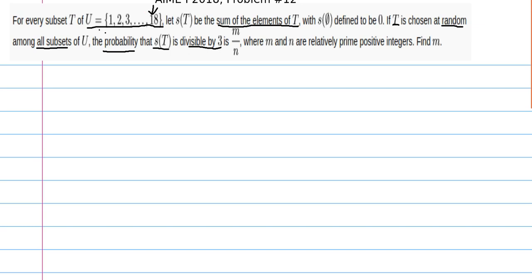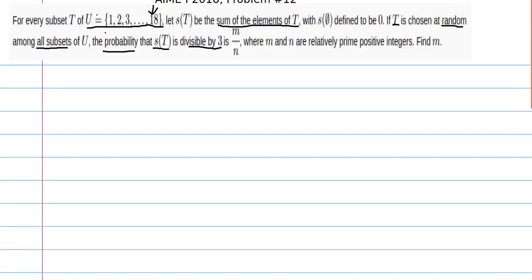I talked about recursion in my combinatorics series, where you express a problem in terms of smaller, similar problems. So that's what I'll be doing. Instead of letting this be U, I'm going to call this U sub 18, and U sub n will be the set of numbers from 1 to n, like this.